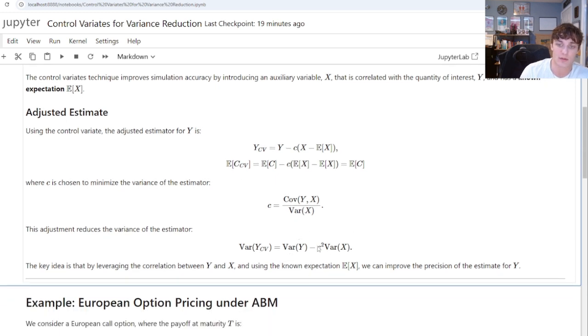And this is the general gist: since variance is going to be positive, the expected deviation away from the mean, if you subtract some constant times the variance, you're going to have less variance than the variance of the original target quantity of interest.